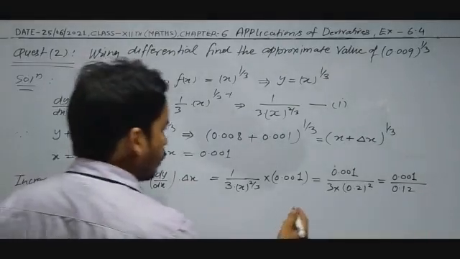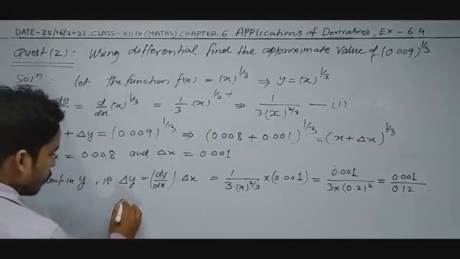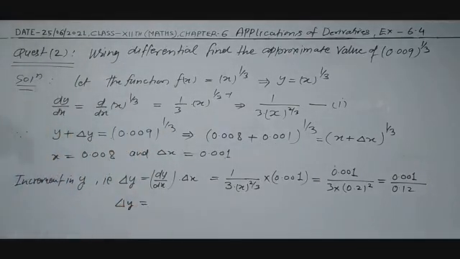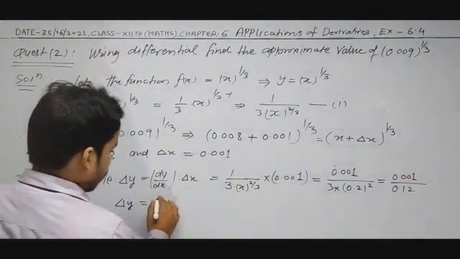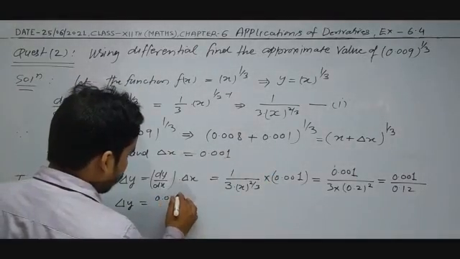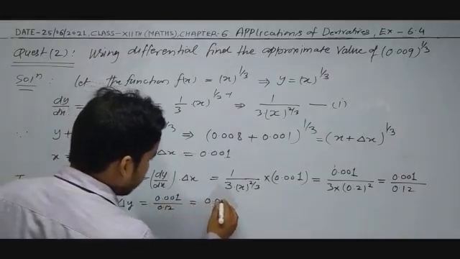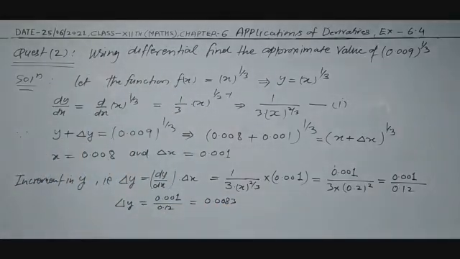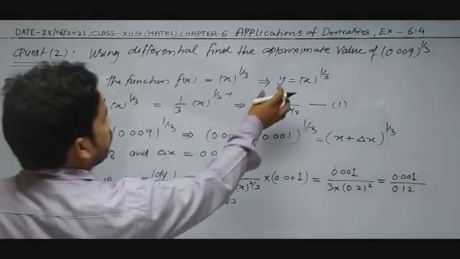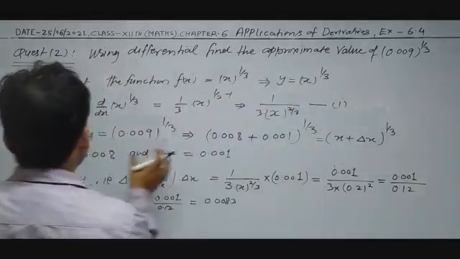Now del y is equal to 0.001 whole upon 0.12, its result is 0.0083. So now we have to calculate y plus del y.